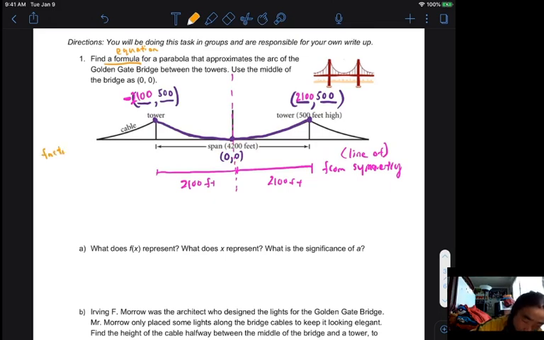Factored form, not that helpful. All it tells you is y equals a times (x minus 0) times (x minus 0), or plus 0.